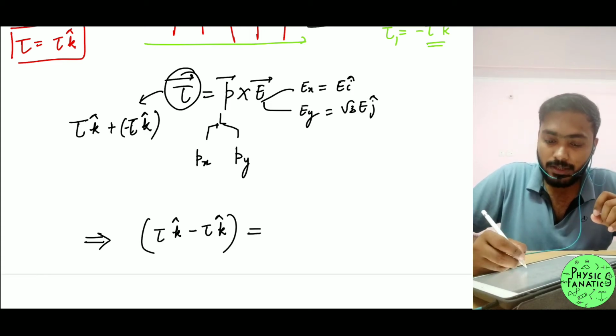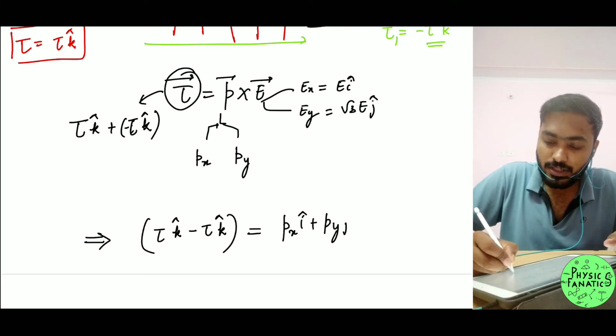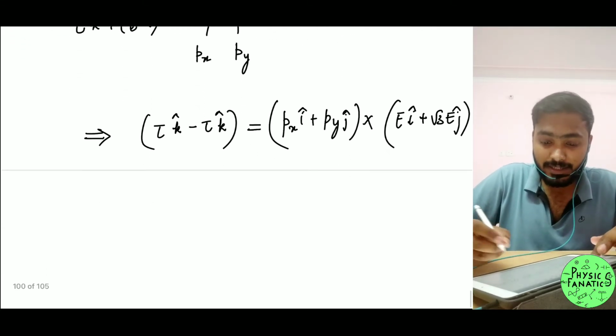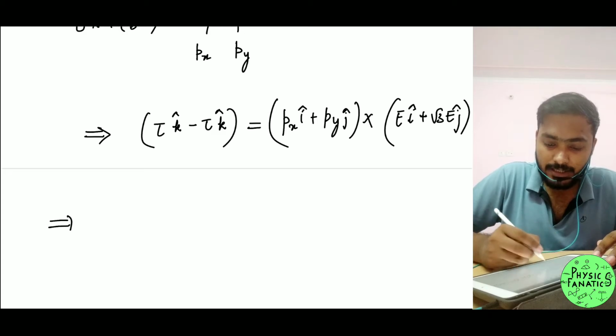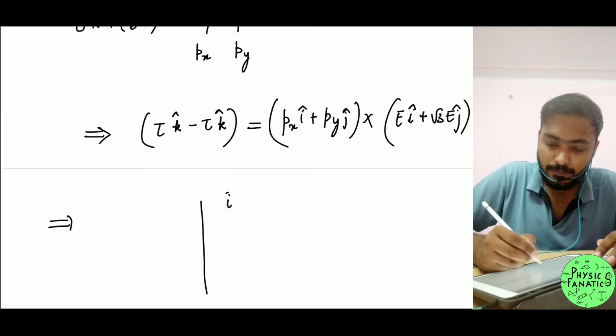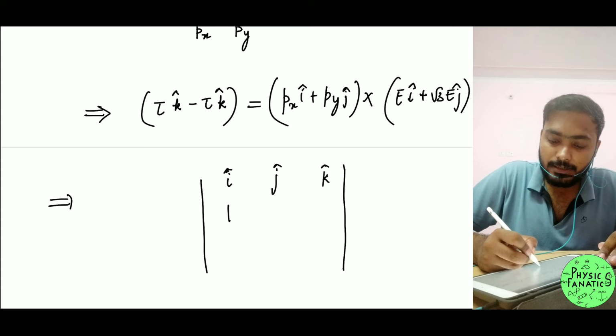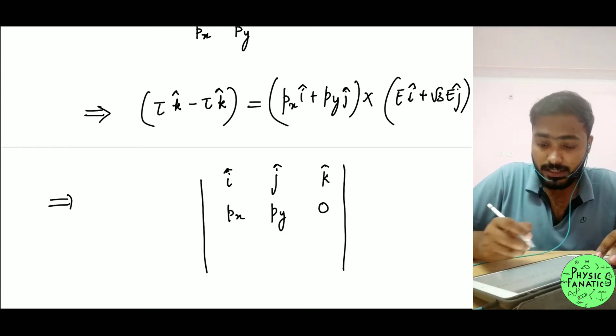It is equal to Px i cap plus Py j cap cross E i cap plus root 3 E j cap. All I have to do is the cross product, right? So when I do the cross product, I get i cap, j cap, k cap. Here I get Px, here it is Py, there is no P along the direction of Z, so it will be 0.